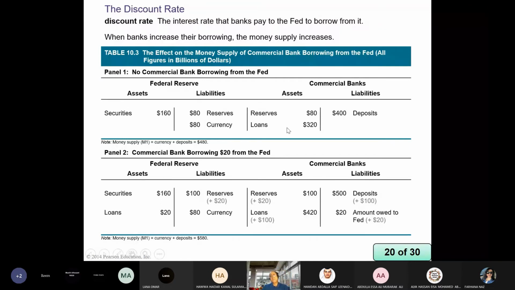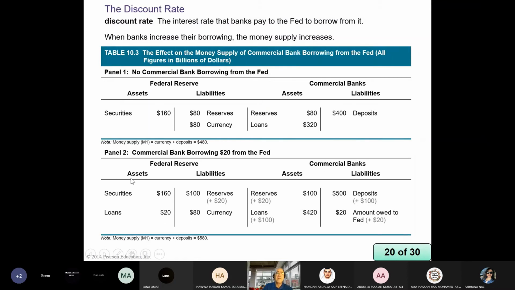Okay. So now the discount rate becomes lower. Assume the central bank gave loans to commercial banks worth 20 dirhams. What will it do? It's so easy.